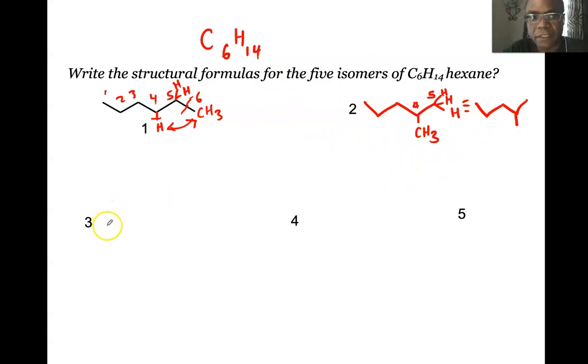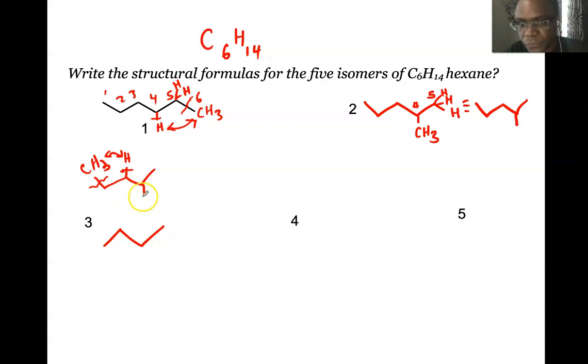Now to find the next isomer, I'll use this structure here to branch it. So I'm gonna choose this methyl this time around and swap it with a hydrogen 1 carbon over. So let's interchange them. Now I'll end up with a 4-carbon longest chain, so to speak, and then this methyl that was here comes here.